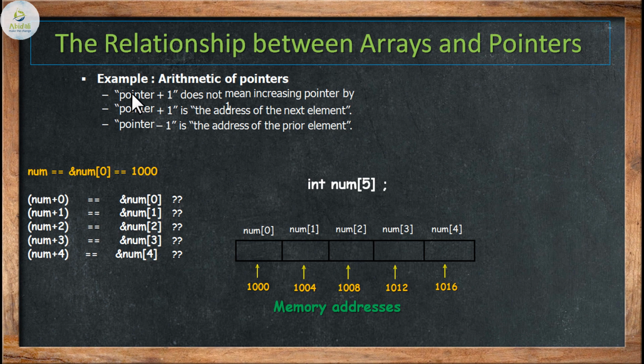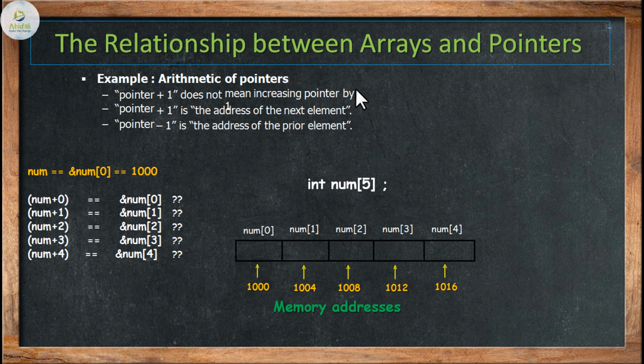Now, the same arithmetical operations that we discussed can be performed on pointers. Similarly, there are two types of arithmetic operations, addition and subtraction, that can be performed on arrays. If the pointer is increased by 1, that is pointer plus 1, it doesn't mean that it is increased by 1.